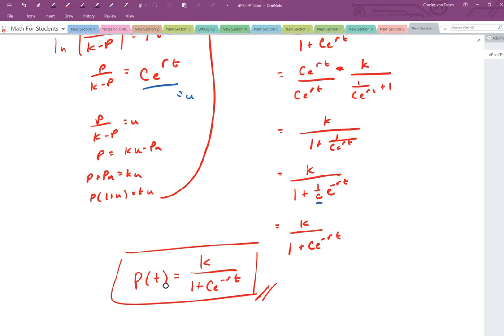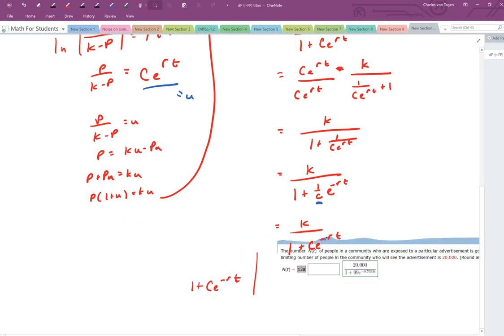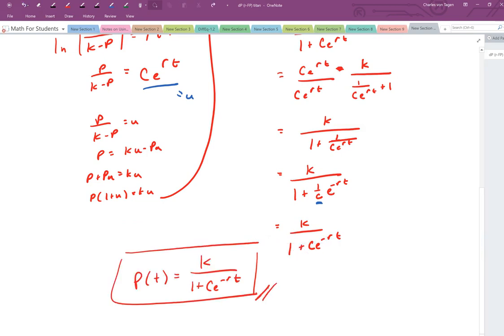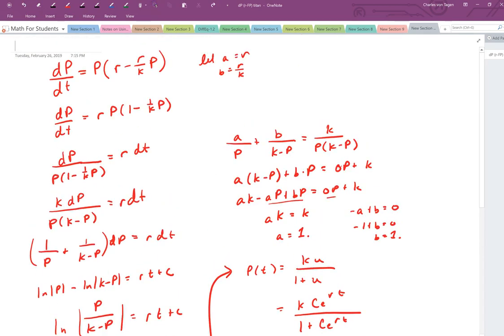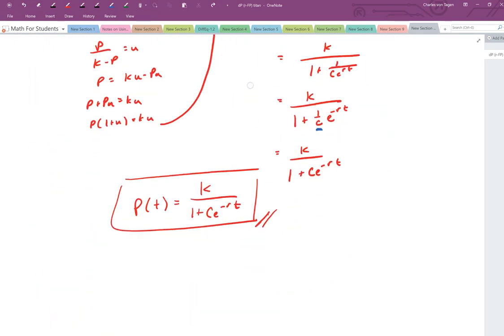I'd like to use this in solving the differential equation on the other page. Let's see here. Let's copy that. Oops. Let's try it again. Maybe I'll edit this out because this is taking forever. All right. Copy.